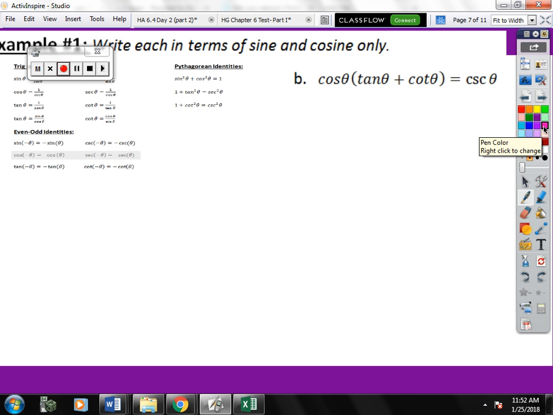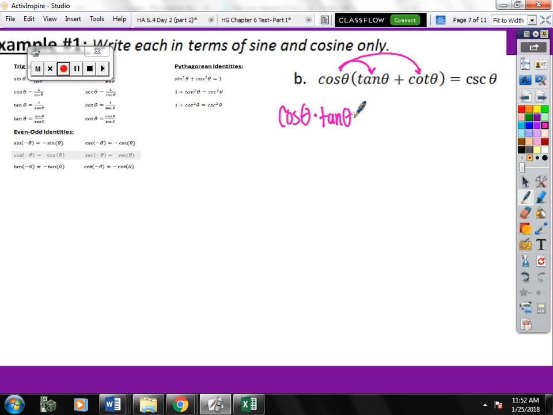The first thing we're going to do, just like if you saw in algebra, something outside of our set of parentheses, what property do you use to distribute? Distributive property. That's right. Distributive property of multiplication. It's actually just distributive property, but it's okay. So we'll have cosine theta times tangent theta.